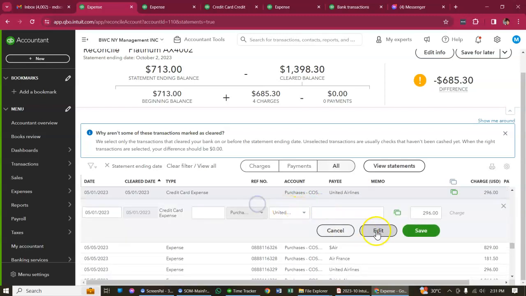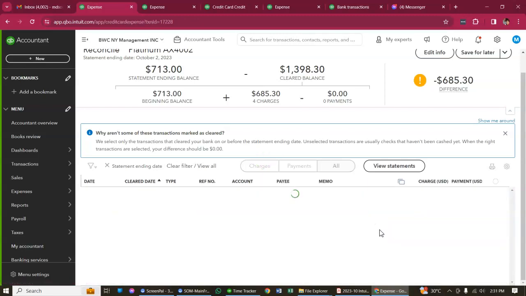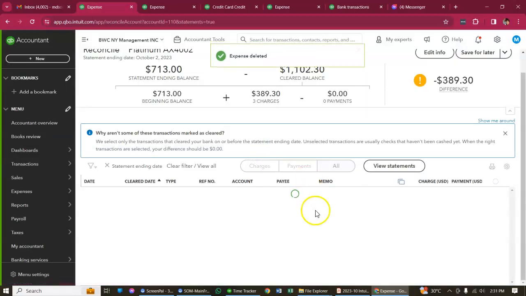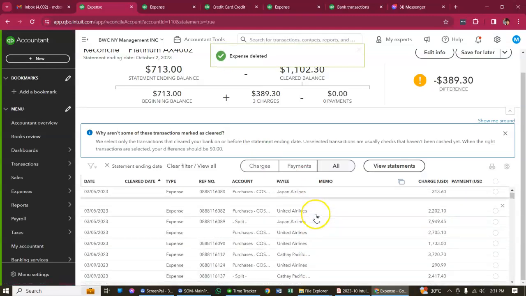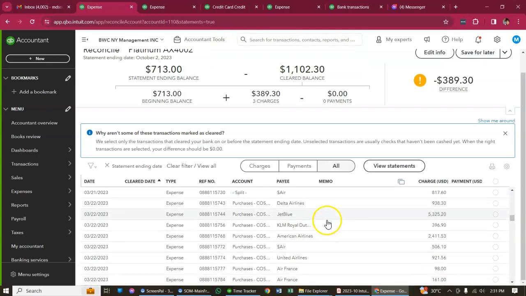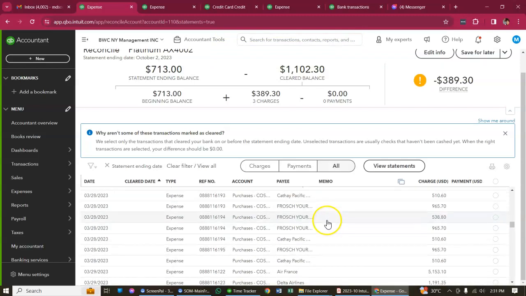We open that and delete. There must be something wrong with these bank feeds now. So all we need to do is to delete this. And the other 296, there's still another two in here.